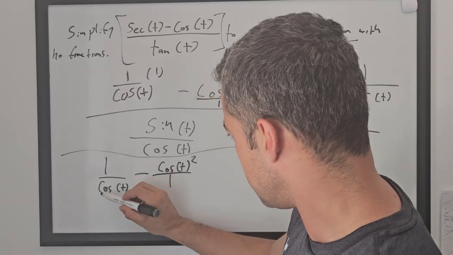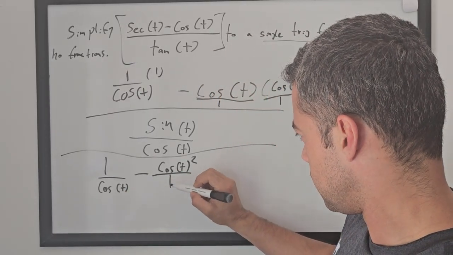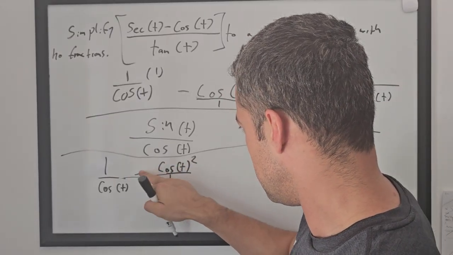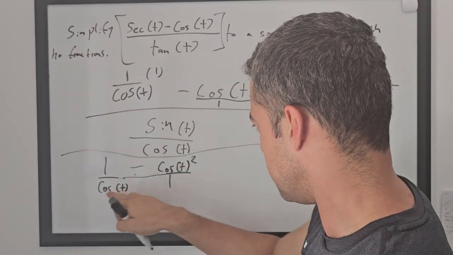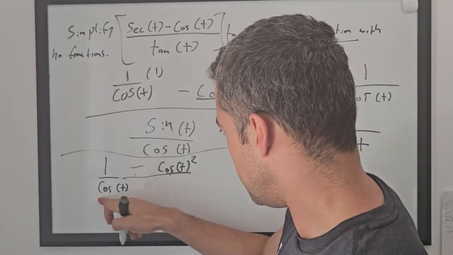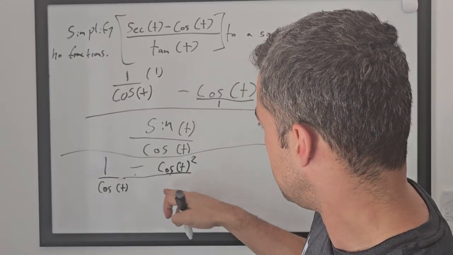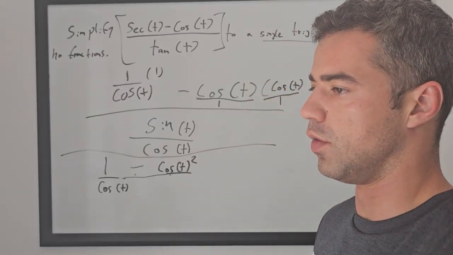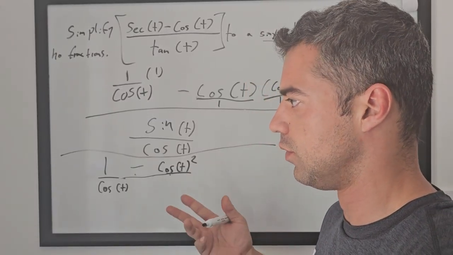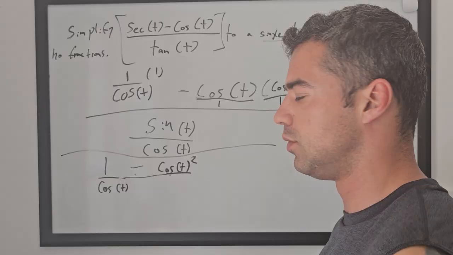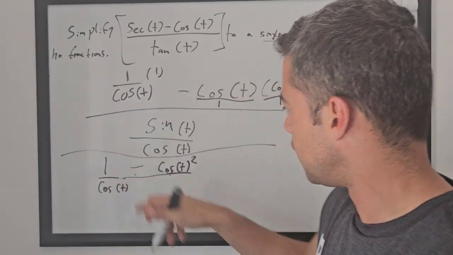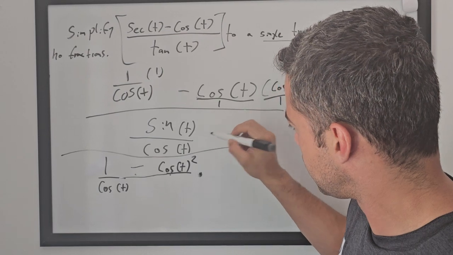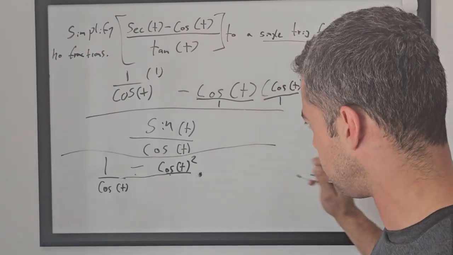This is all just one equation at the moment because we just made one denominator. They both have the same denominator, so it becomes like 1 over 2 minus 2 over 2. We have the same denominator, and then we're multiplying times the inverse of this, which is the cotangent.